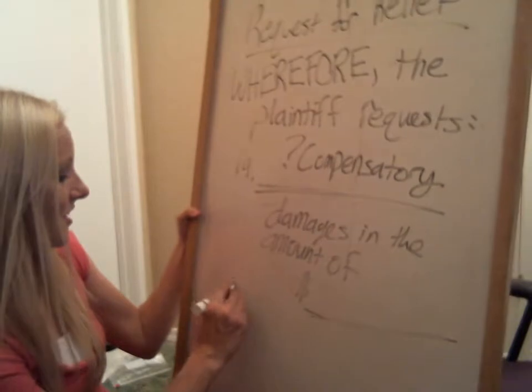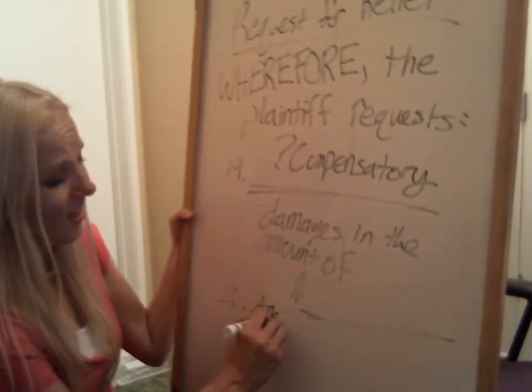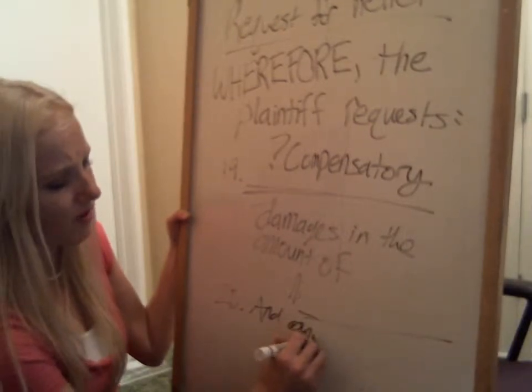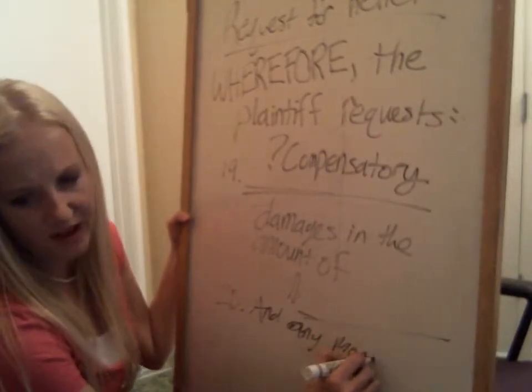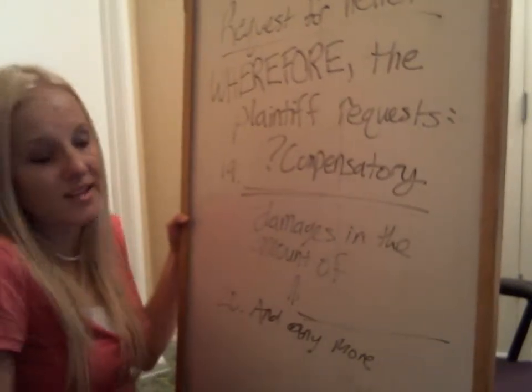And then it's always good to include a clause right afterwards saying basically and any more. Don't put it in this language. For example, instead of saying and any more, you could say and further relief, which the court may deem appropriate.